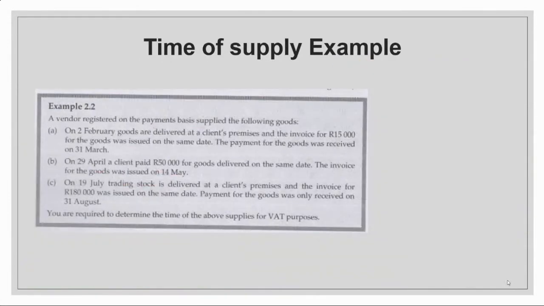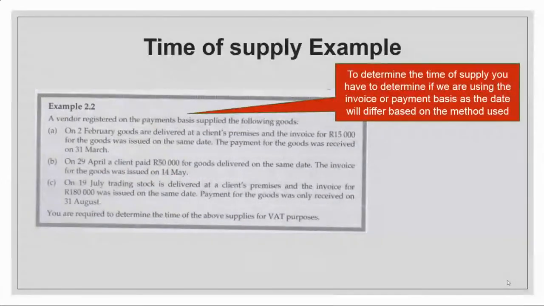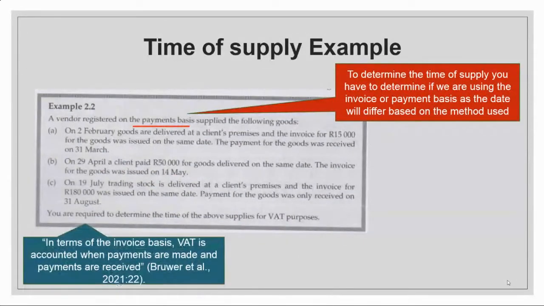Now, let's look at how the payment basis is different. The payment basis, on the other hand, we generally do with the payments. If it's less than 100,000, we use the payment date. If it is more than 100,000, then we go back to the invoice basis, which is the earlier of the invoice or payment.